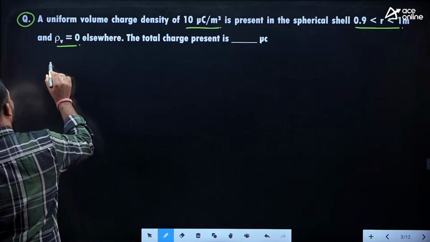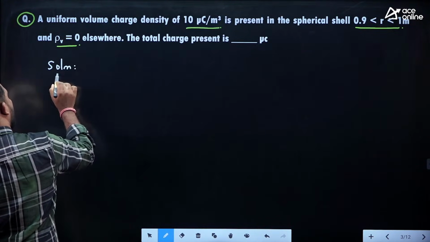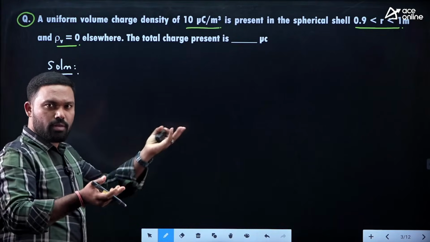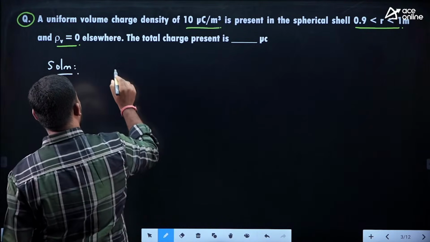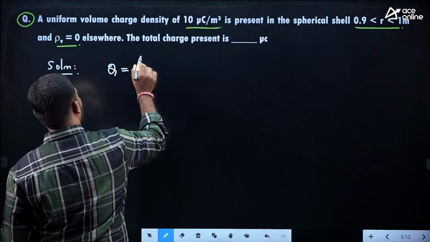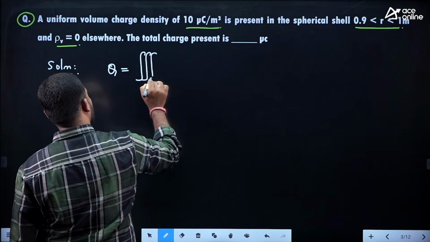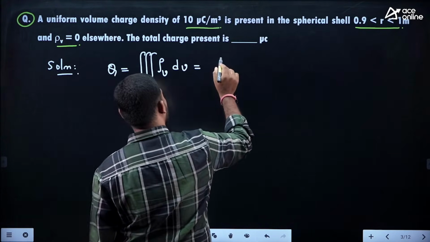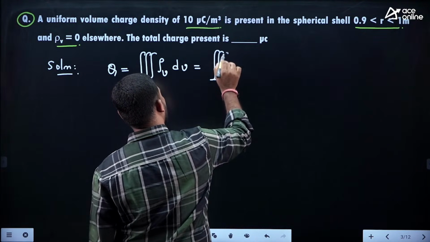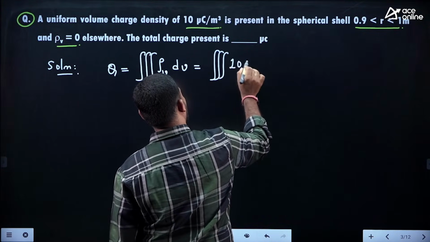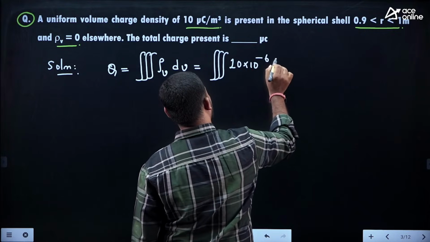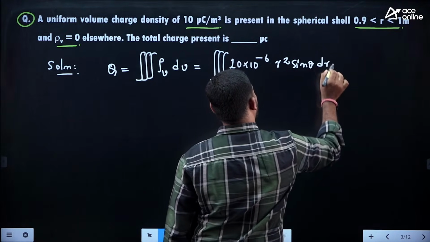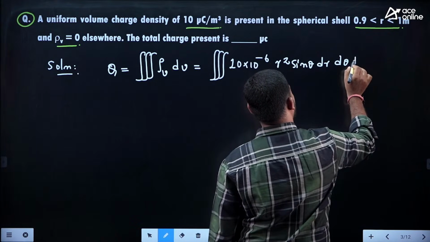So how do you find the total charge? As it is a constant, you can just multiply with the volume. That can be expected for 1 mark. The total charge Q is equal to the volume integral of rho v dv. Here rho v is a constant, 10 into 10 to the power of minus 6, and dv is r square sine theta dr d theta d phi.